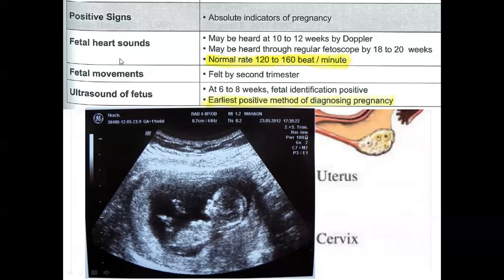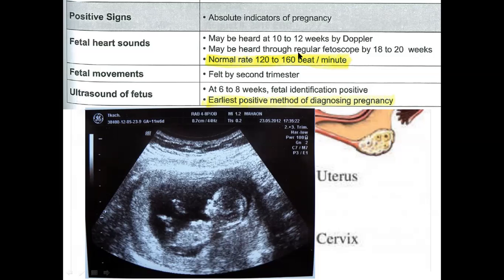So ultrasound is the most accurate for identifying the positive sign. Fetal movement, NCLEX board sometimes asks when you can feel or when you can count or measure the fetal heart rate. It may be heard at 10 to 12 weeks by the Doppler.